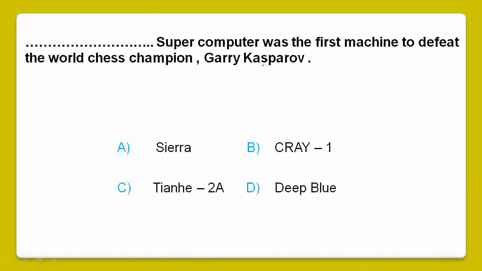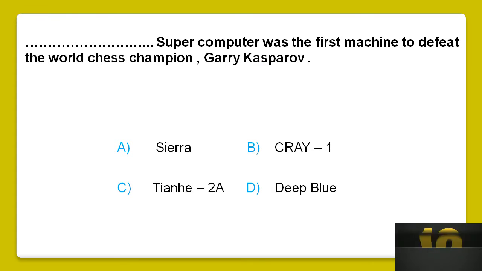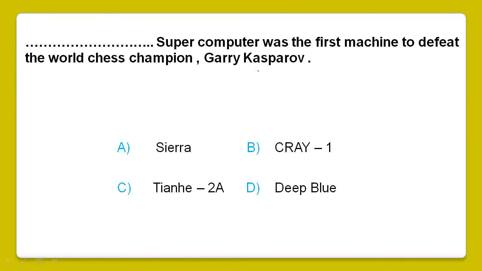I am giving you 10 seconds to answer this question. Okay, it is a very famous question because it is a very important fact in chess. The answer is D, Deep Blue.